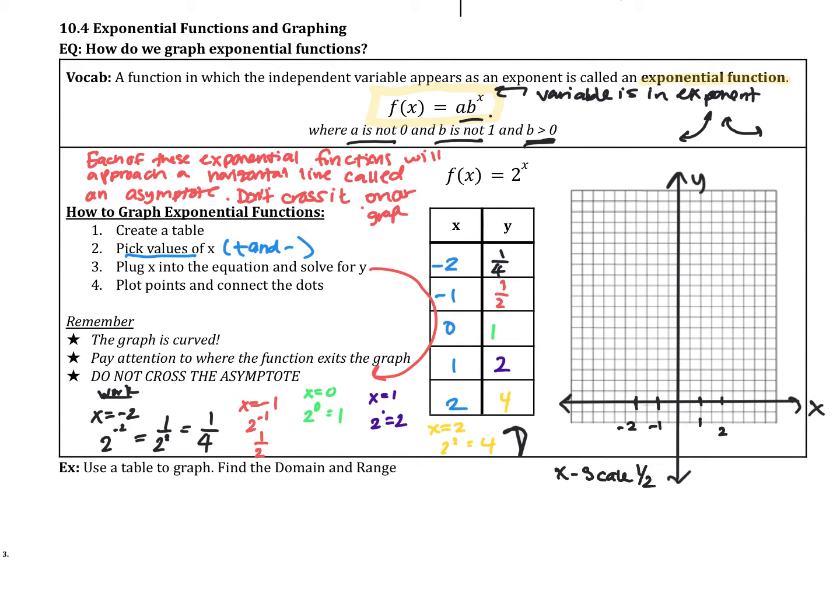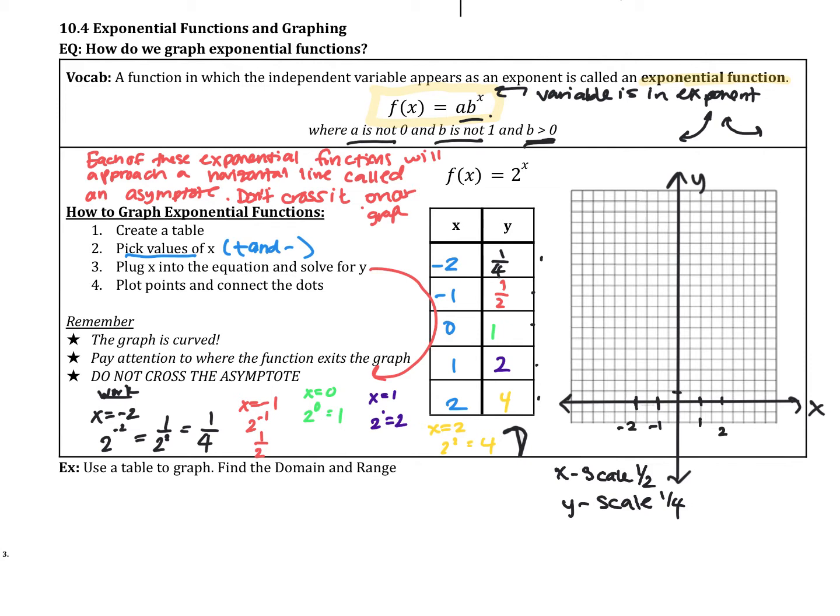My y values are going from +1/4 up to 4. And since graphing fractions can be really stressful, what I'm going to do is make every line on my y-axis be 1/4. Because then each of these y values that I have to graph will be on a point, or on where 2 of these little lines cross.